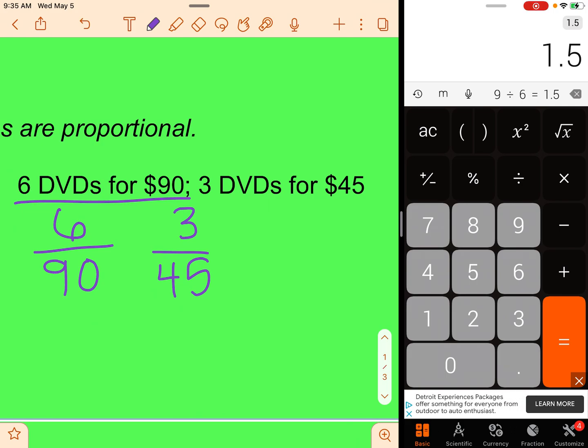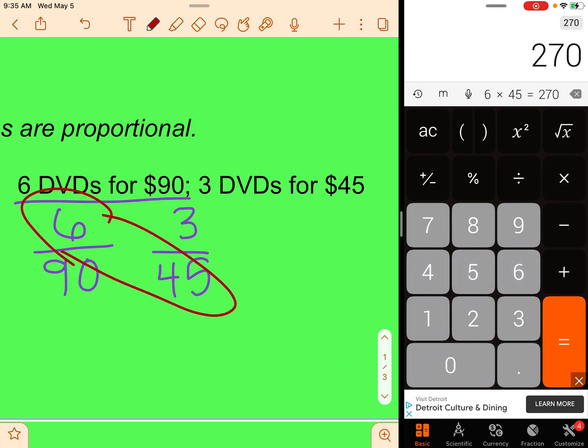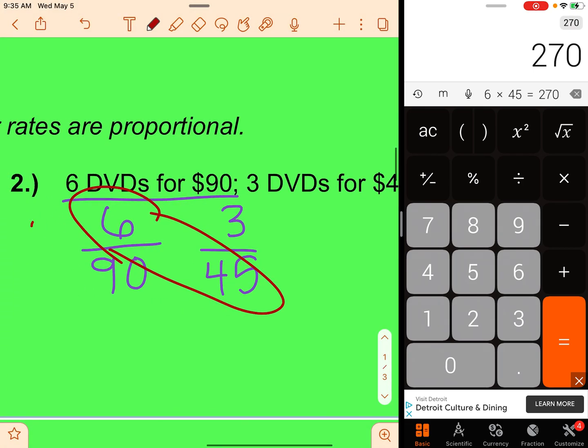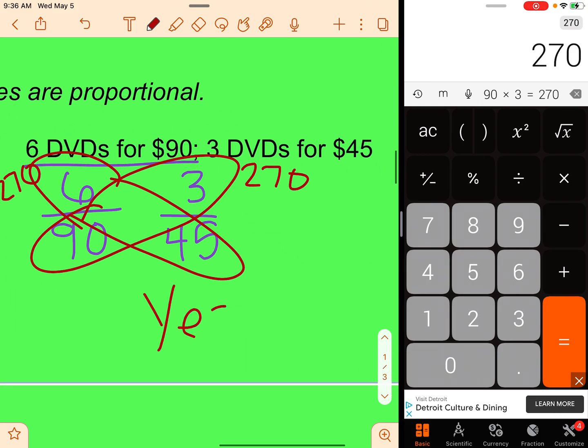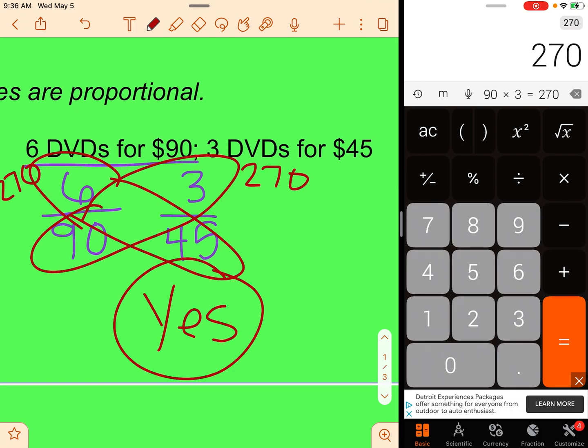Okay, now we can use the butterfly method. 6 times 45 gives us 270. And then 90 times 3 also gives us 270. So since those two numbers are the same, these are proportional.